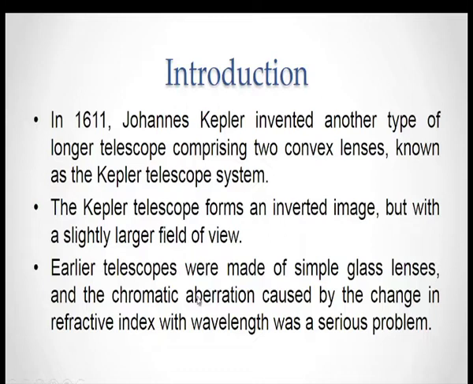When we use these simple glass lenses, the chromatic aberration, color aberration caused by the change in refractive index with wavelengths was a serious problem. To overcome this chromatic aberration, people kept on discovering, inventing new systems of telescope.